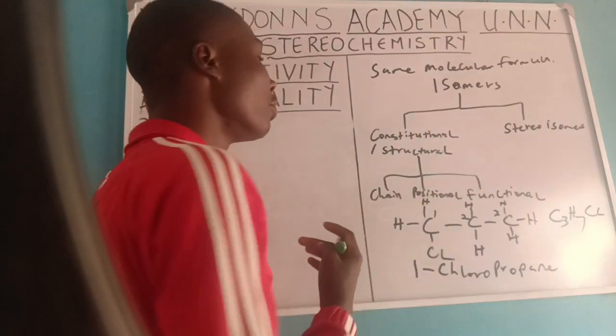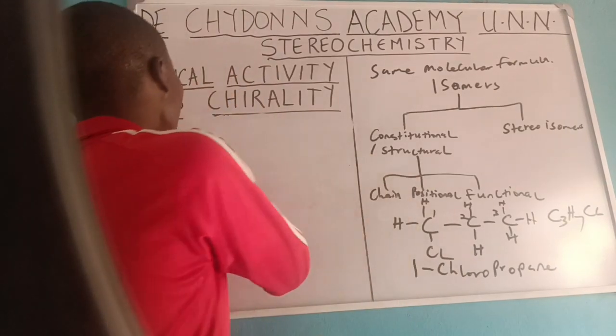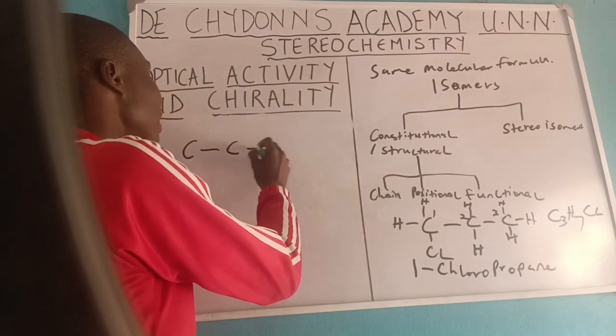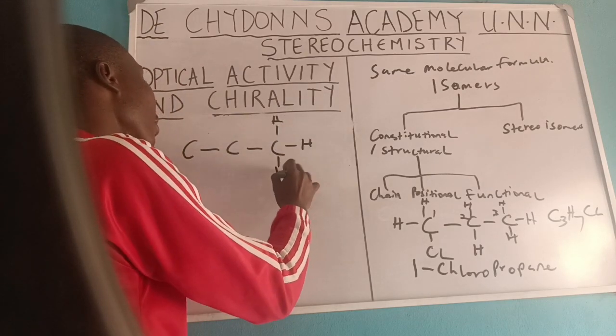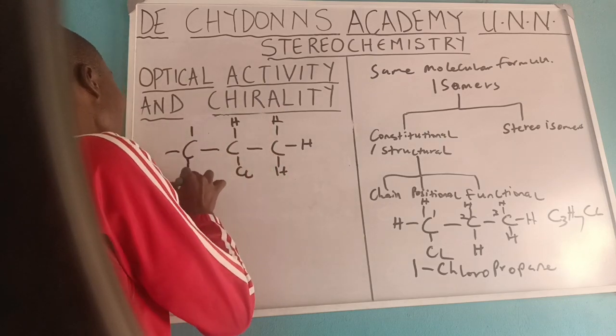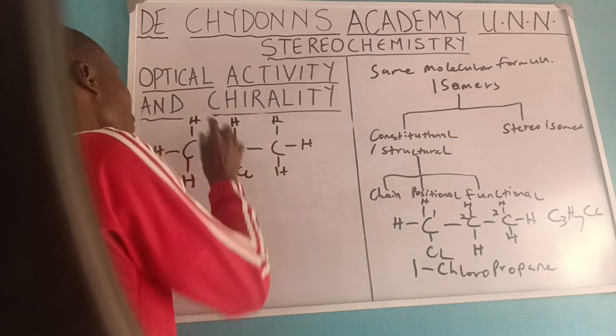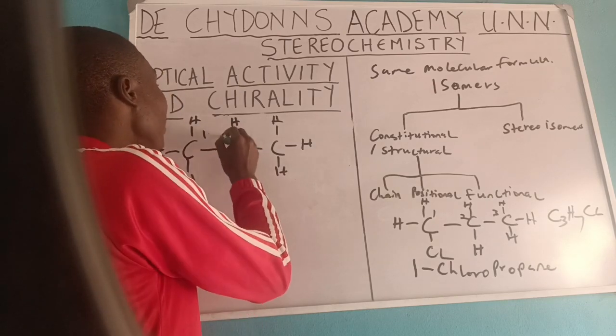Now let me draw the positional isomer for this particular compound so I can illustrate it. Now we can also have a compound that is this way and also having 7 hydrogens, but then the difference between the two of them happens to be the presence of the chlorine atom on the carbon number 2. So we have 1, 2, 3.